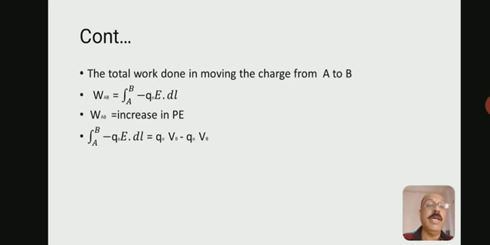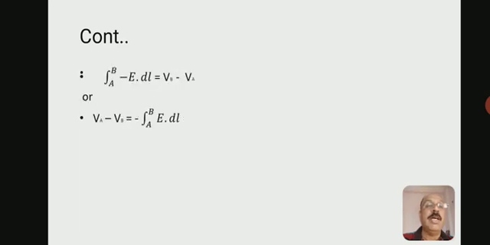Taking Q naught as a common factor, the integral from A to B of minus E into dl is equal to VB minus VA, or VA minus VB is equal to minus the integral from A to B of E into dl. This is the expression for the electric potential as a line integral.